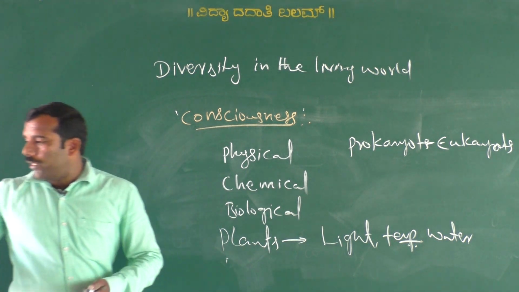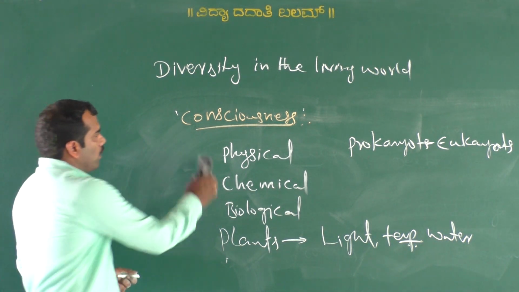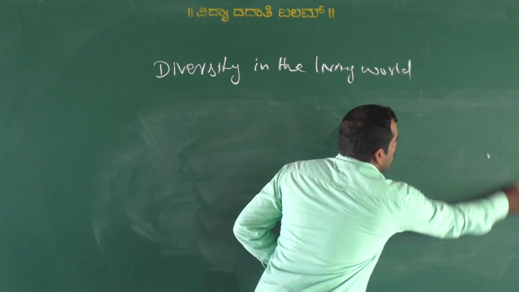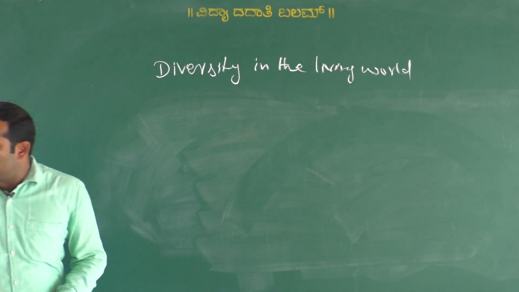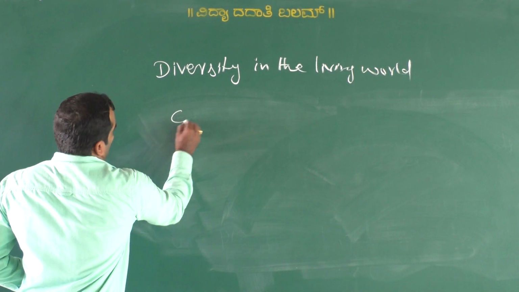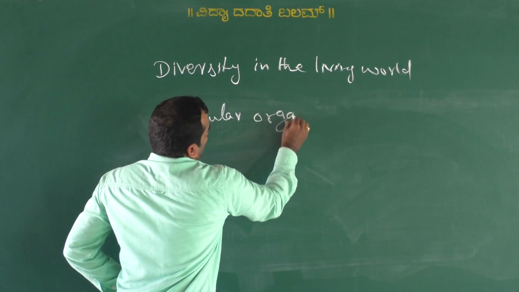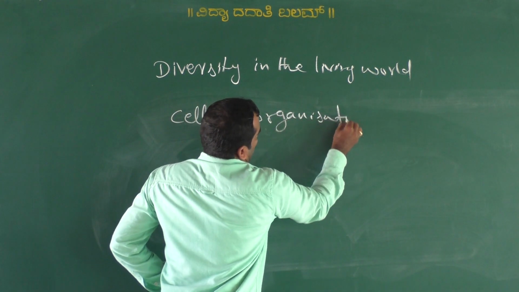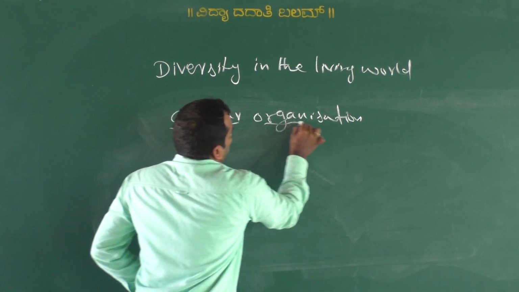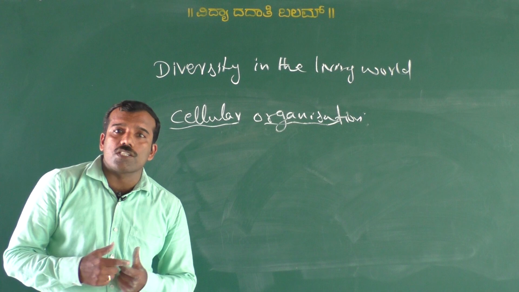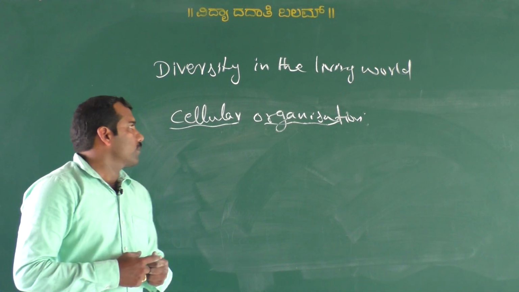Next, one more important character is cellular organization. Cellular organization is another important character of living things. This type of organization is not found in non-living things.